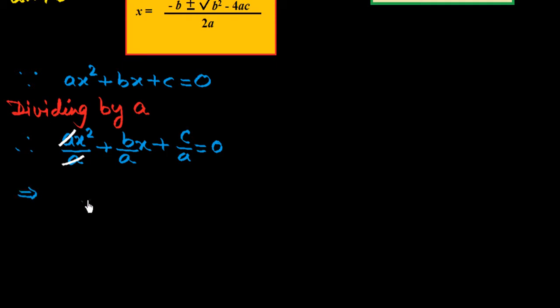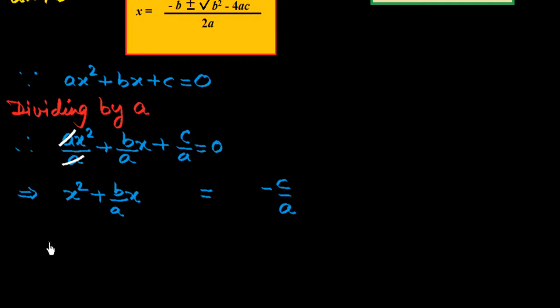Now see what happens. x square plus b over a x. Now we shift the constant term to the other side of the equal sign. So we get here minus c over a.